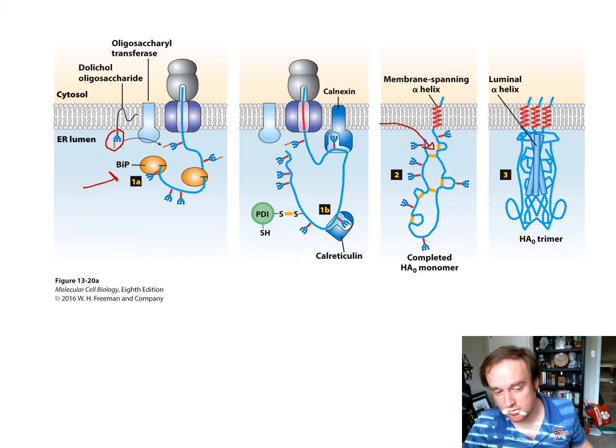Beyond that, in step 3, this is just showing that our example here of hemagglutinin is a trimer. And so 3 of these monomers that we saw in step 2 come together and form this trimer that is bound to the membrane and extends into the ER lumen.